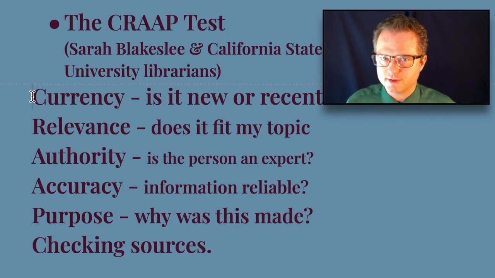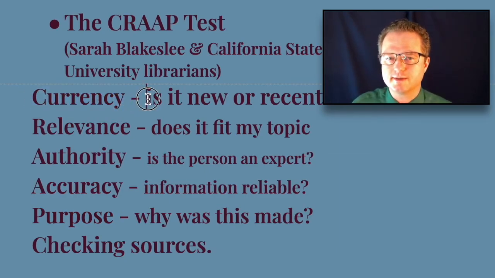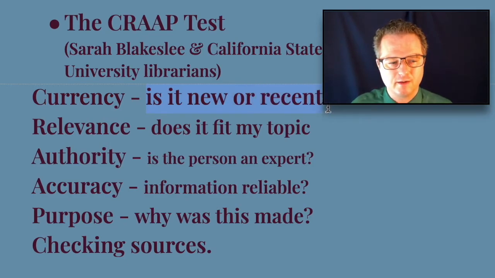We can explore this in more detail, but very basically, currency is asking the question, is the thing I'm reading new? In a lot of areas of study, newer information is better than old, because in areas like medicine, science, and technology, technology is improving. Our tools are getting better at measuring things, and we're understanding the world more and more.